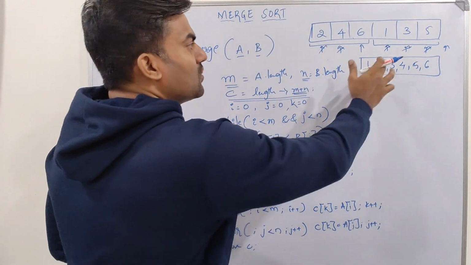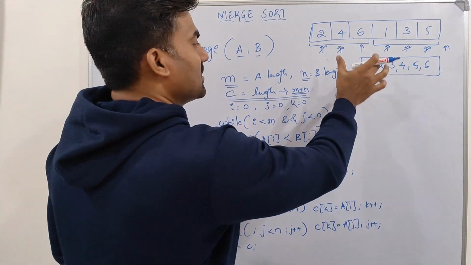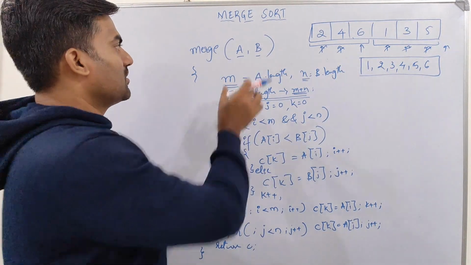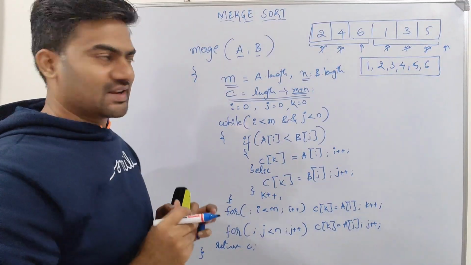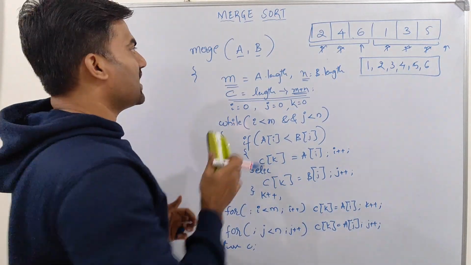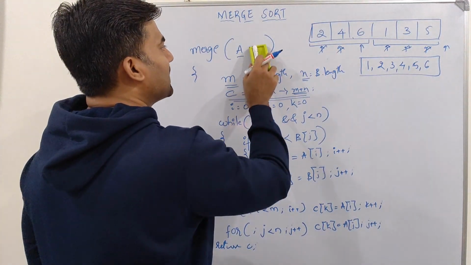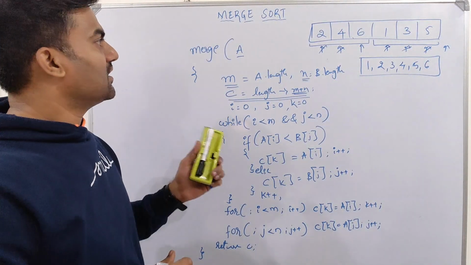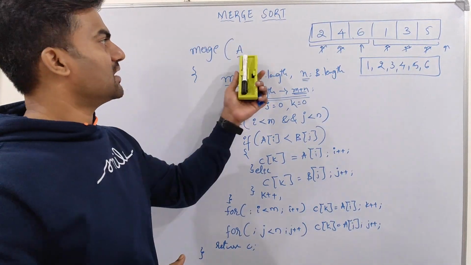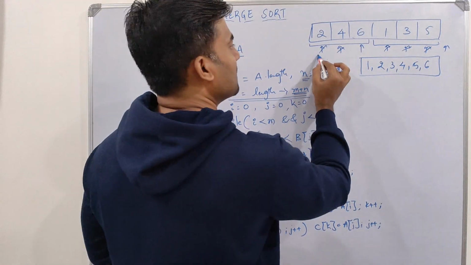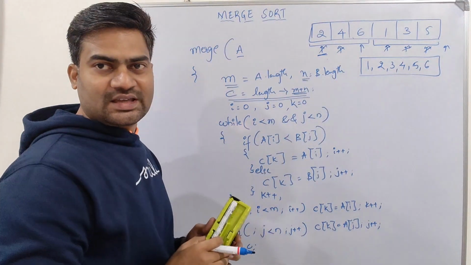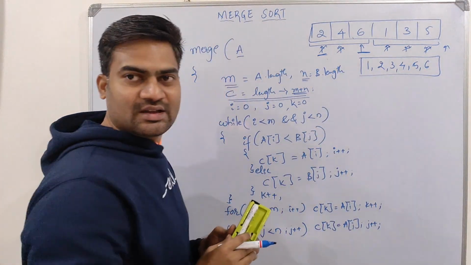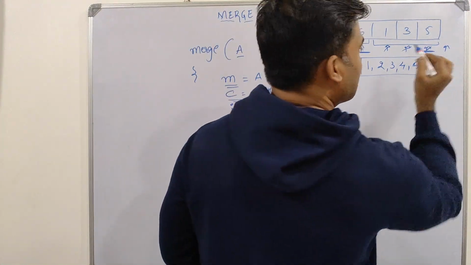But I want to do this step in the same pseudocode. Here we used two separate arrays, but now that is not the case. I have only one array, which is A. So then what I should pass along with this: what is the lowest element, what is the mid element, and what is the highest element.